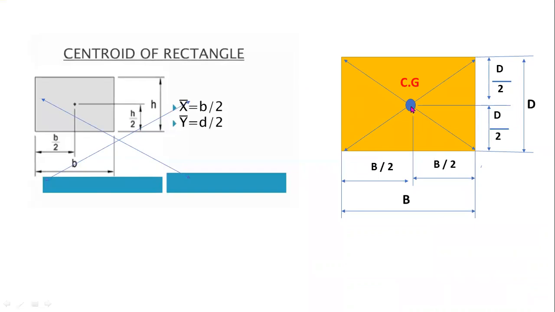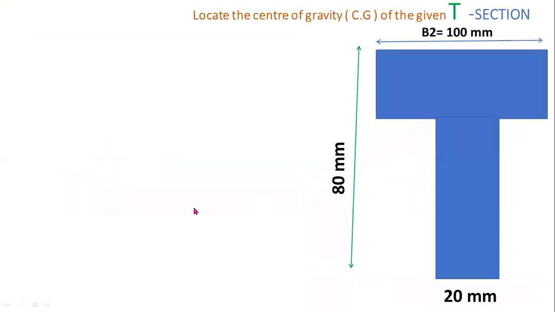CG is the centroid or center of gravity of a rectangle or a square. Here capital B is the base of the rectangle, capital D is the depth of the rectangle. This is the position of the centroid or center of gravity: half of the base and half of the depth.